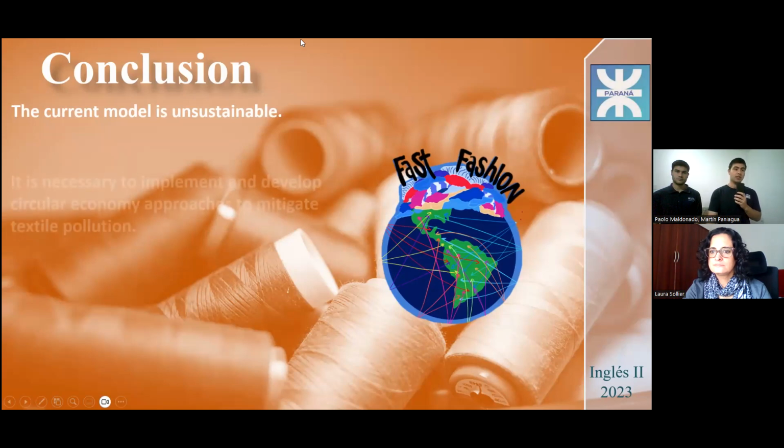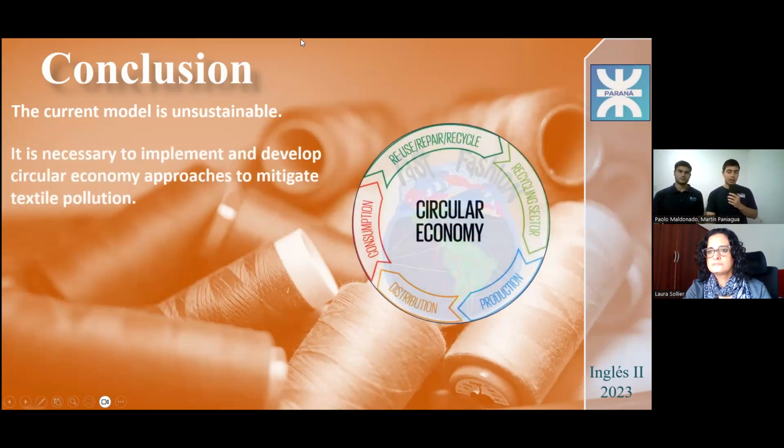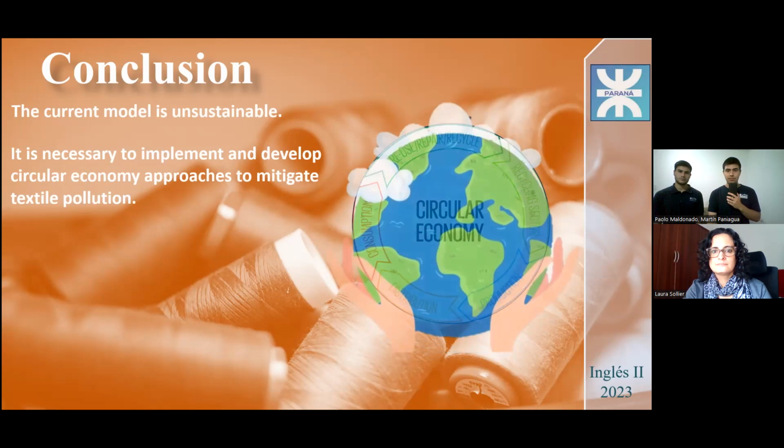Therefore, it's essential to invest in the development of new techniques and technologies to achieve future mitigation of pollution.